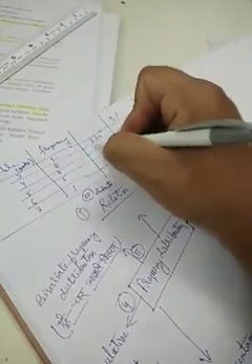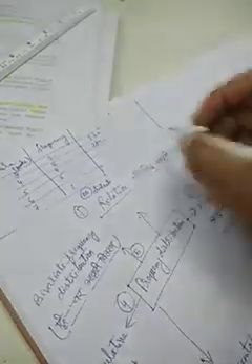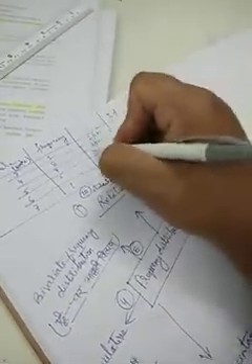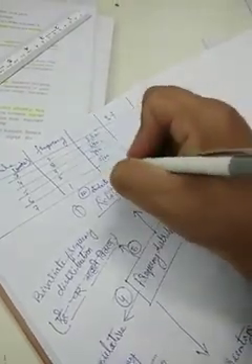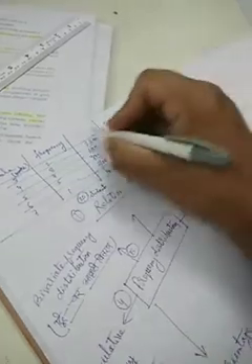For frequency 8 out of 20, the relative frequency will be 8 upon 20. Likewise, 4 upon 20, 5 upon 20, and 1 upon 20.